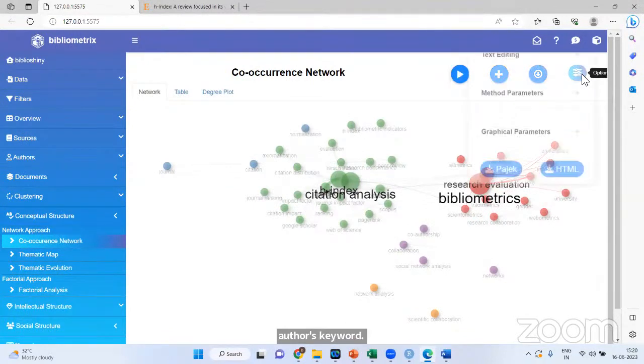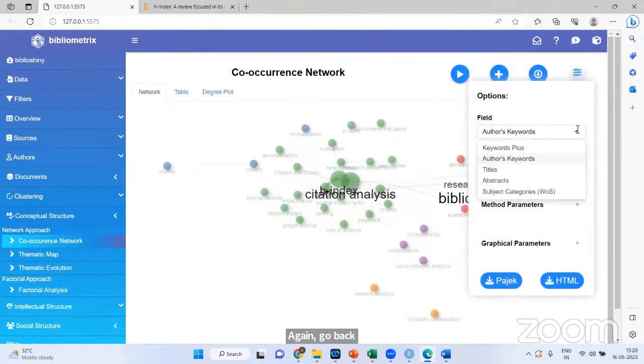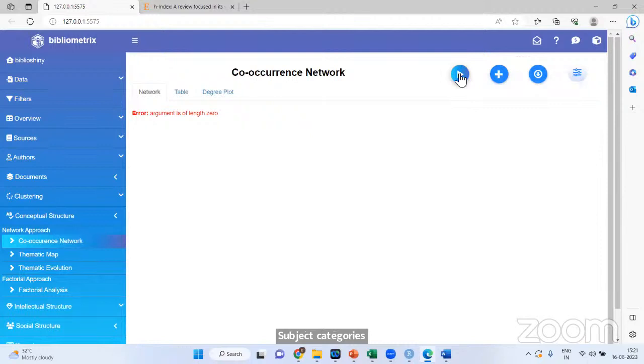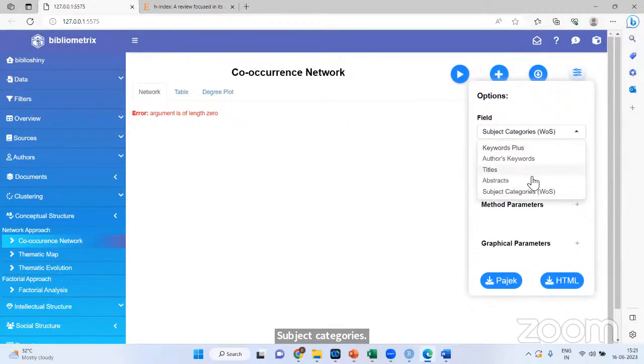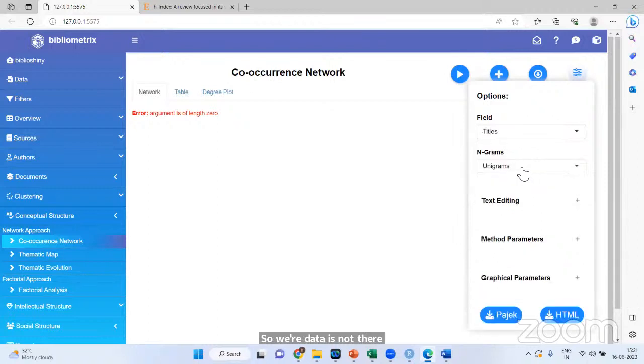Again, go back. Subject categories. So the data is not there. Titles. Now in these titles, you will get unigram, bigram, and trigram. Let's see.